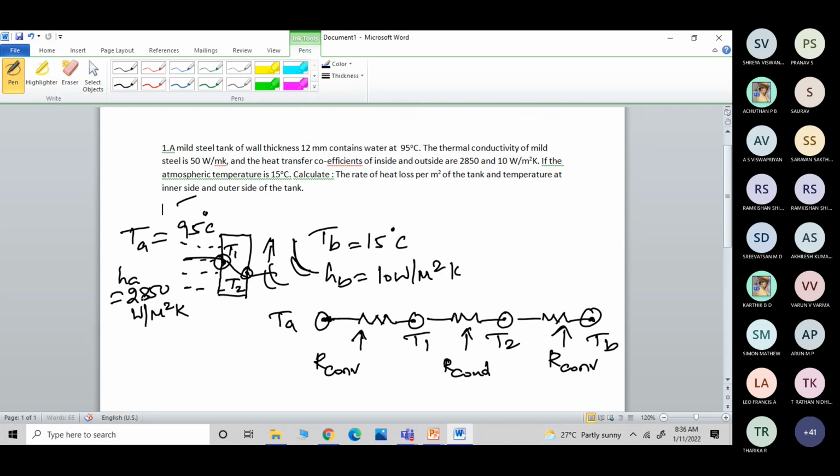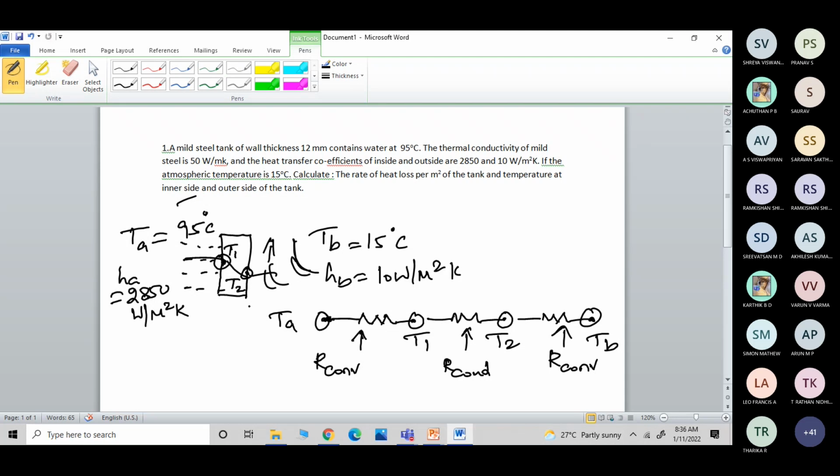So h suffix A and h suffix B were given, and the thermal conductivity of steel is mentioned as 50 watt per meter Kelvin. Sometimes the thermal conductivity will not be given in the problem. If it is not given, and you are asked to find the heat loss per meter squared of the tank, then you have to take the value of thermal conductivity from the heat and mass transfer data book, which has the conductivity properties of all the materials.